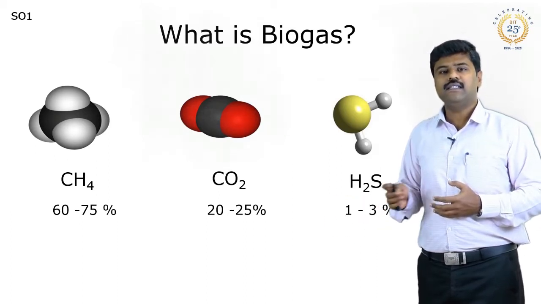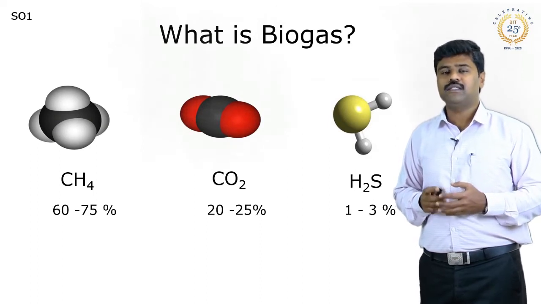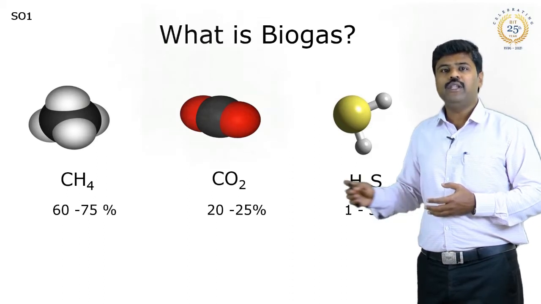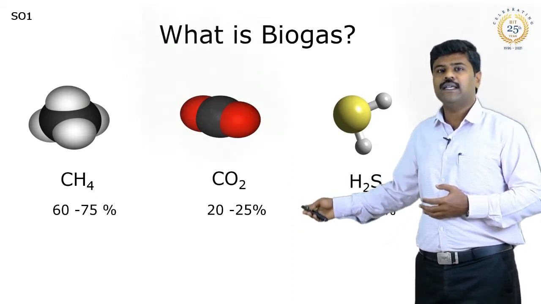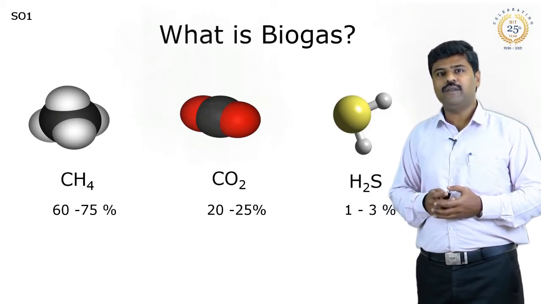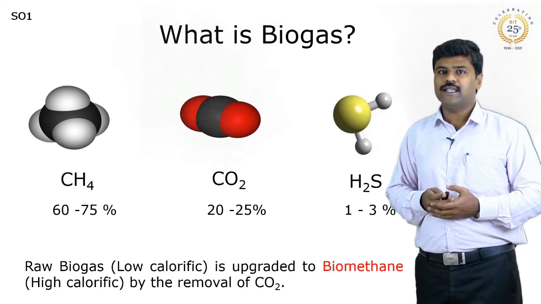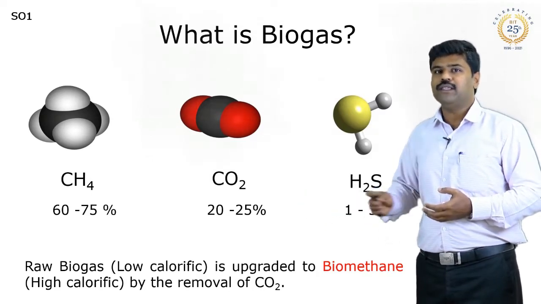Moreover, this hydrogen sulfide is corrosive in nature and it will corrode all the metal parts that we have in the reactor for biogas production. So we need to remove this hydrogen sulfide also. When carbon dioxide and hydrogen sulfide are removed from the biogas, the biogas becomes a high calorific value gas, and this we call the upgraded one, or biomethane.